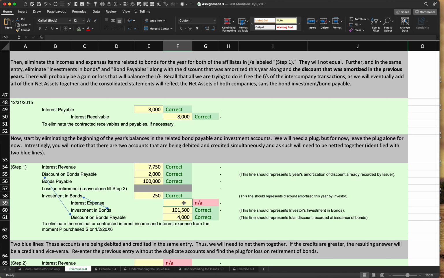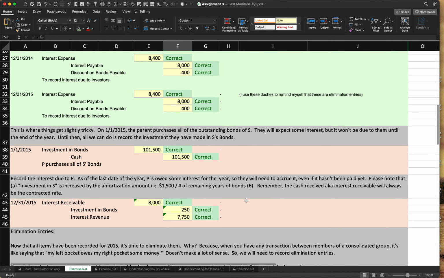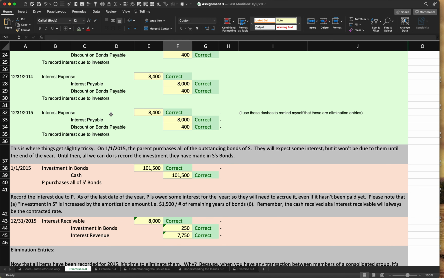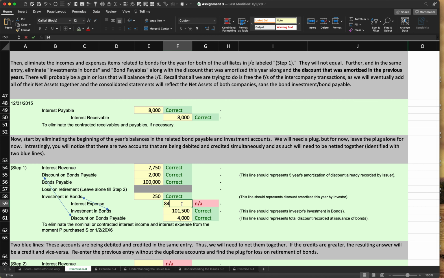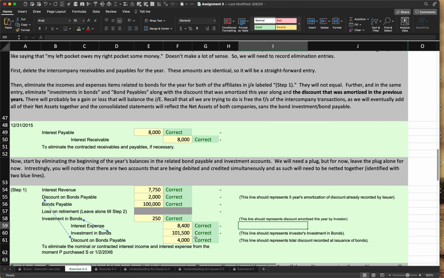But as far as 1/1/2015 and onwards, any interest expense that they incurred for the year needs to be eliminated, because this interest expense was an intercompany transaction with the parent. So what was the interest expense recorded in 2015 from the point of view of the subsidiary? $8,400, right? And we can stop there.